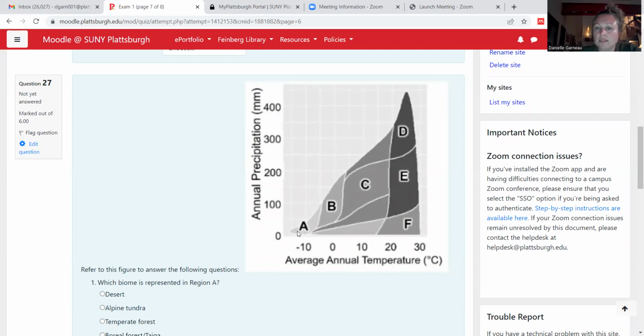So cold and dry might be tundra, warm and dry might be desert. The opposite would be really wet and warm, that would be your tropics, and then everything in between would be a gradient. So if this is your tropical rainforest, this might be your temperate rainforest, this might be your grassland area, and you have some boreal forests kind of grading in here too.